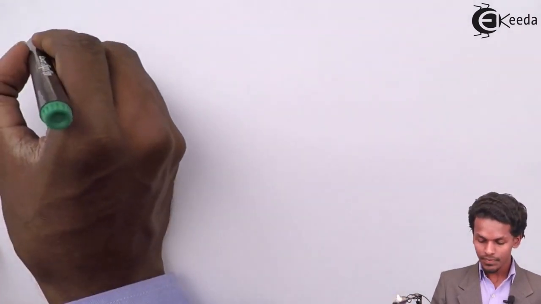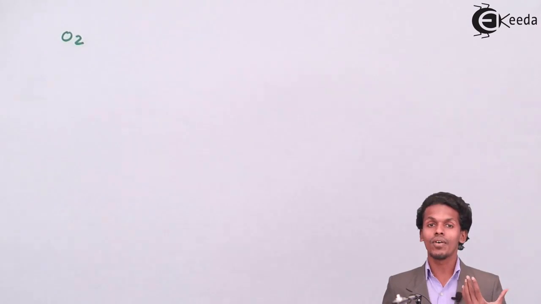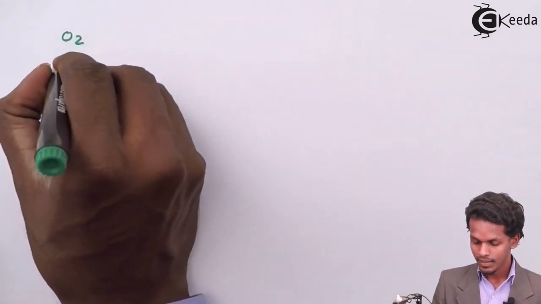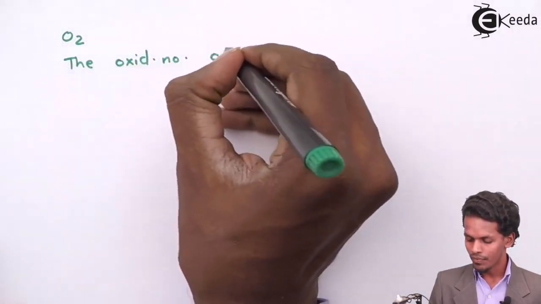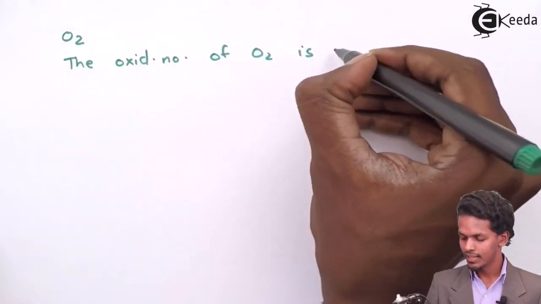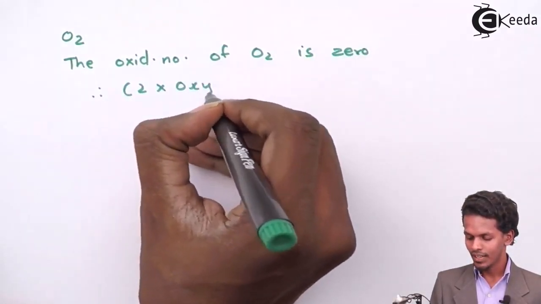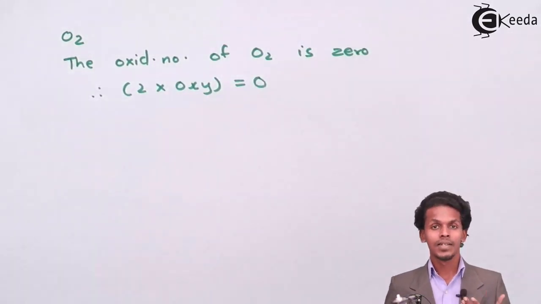In this case the product was O2, and the oxidation state of oxygen can be calculated as 0. Why? The oxidation number of O2 is 0, so 2 oxygens overall give an oxidation number of 0.